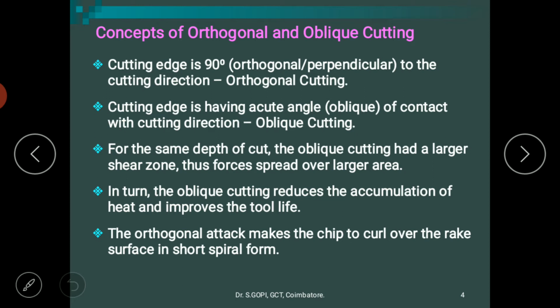Due to the larger shear zone, the accumulation of heat is very low, which reduces heat accumulation and improves the tool life. The orthogonal attack makes the chip curl over the rake surface in a short spiral form.